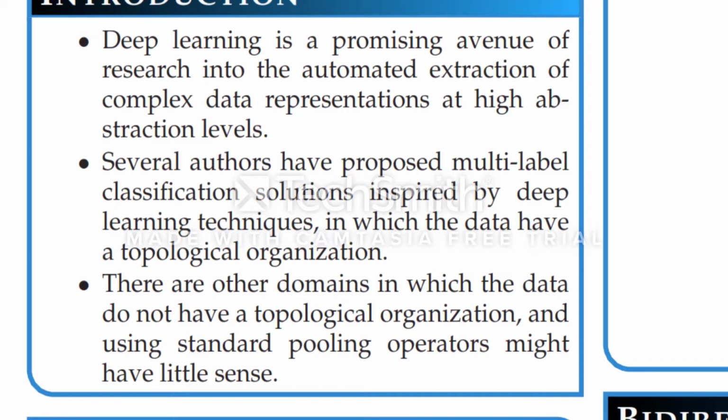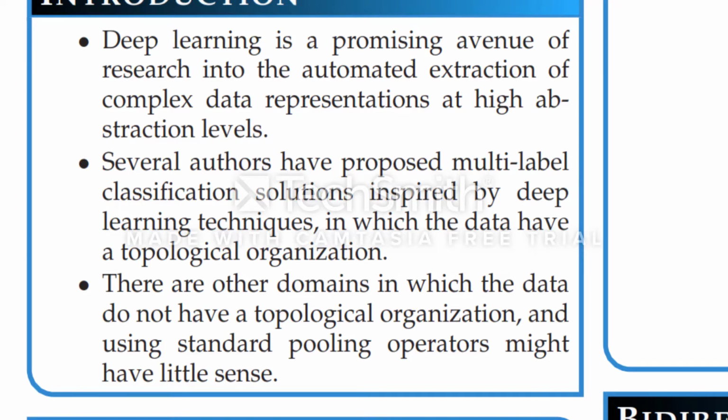Pooling layers provide an approach to downsample feature maps by summarizing the presence of features in patches of the feature map. Several authors have proposed MLC solutions inspired by deep learning techniques, in which data have a topological organization.